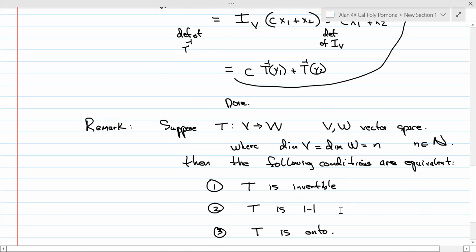And you might ask why, and the equivalency between 2 and 3 was already established in the theorem they referred to, I believe. So theorem 2.5.